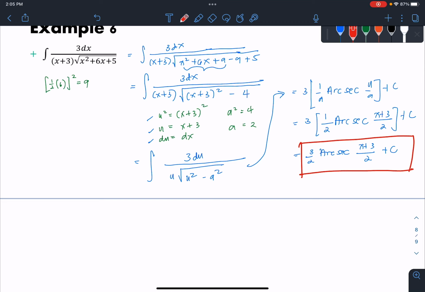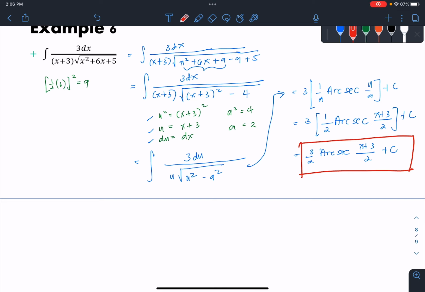So that's how we find the integral of a given integrand, leading to a format for inverse trigo function. Okay, so for the trigo function itself, there is no formula, but we can derive it. For example, what's the integral of inverse sine?